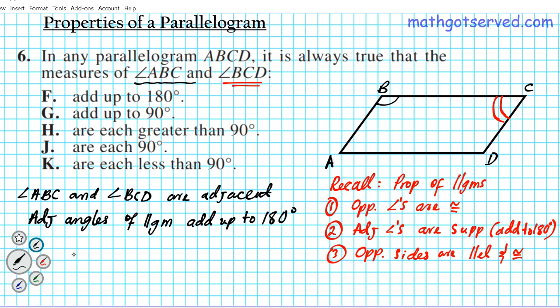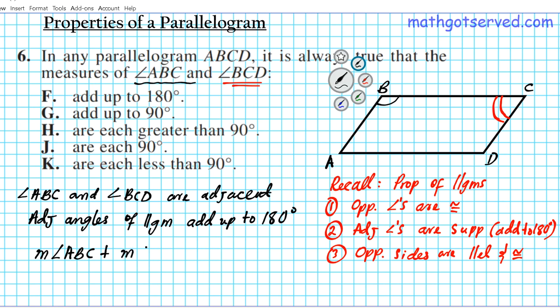So it automatically follows that the measure of angle ABC plus the measure of angle BCD is 180 degrees since they're supplementary. So we can clearly see that the correct answer to question number 6 is option letter F.